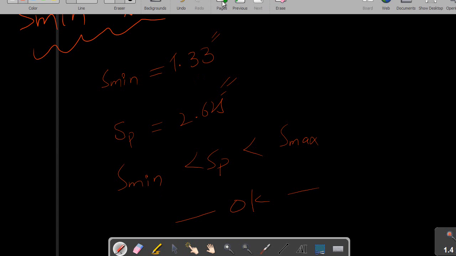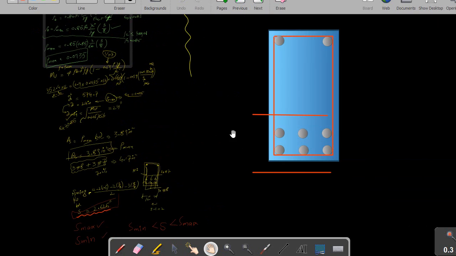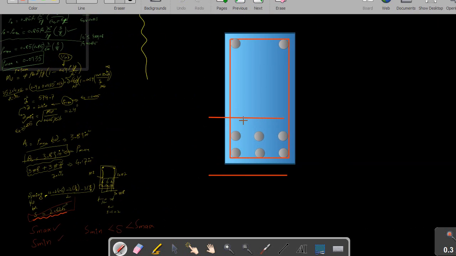And the final sectional diagram will be: these are 3 number 7 bars, and this one and this one, this is 3 number 8 bars, and the spacing between these bars, that is S, equals 2.625 inches, which is already okay.